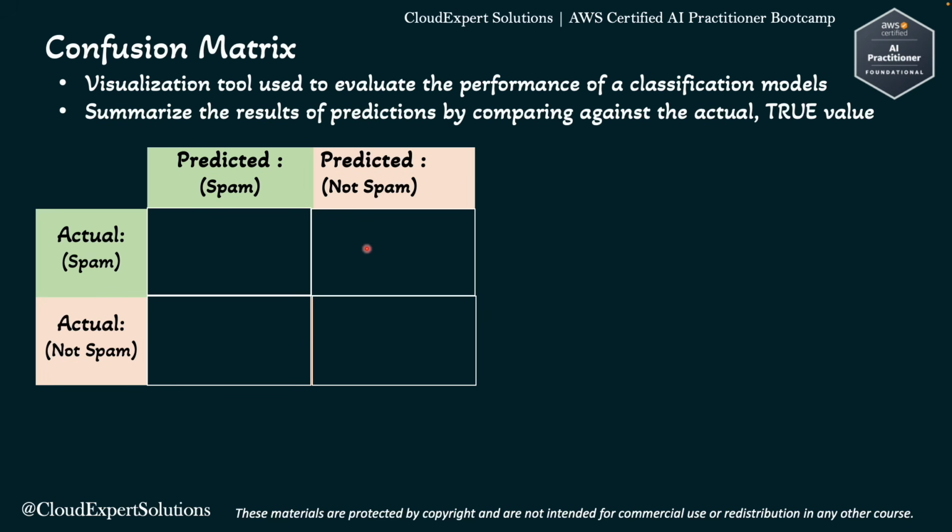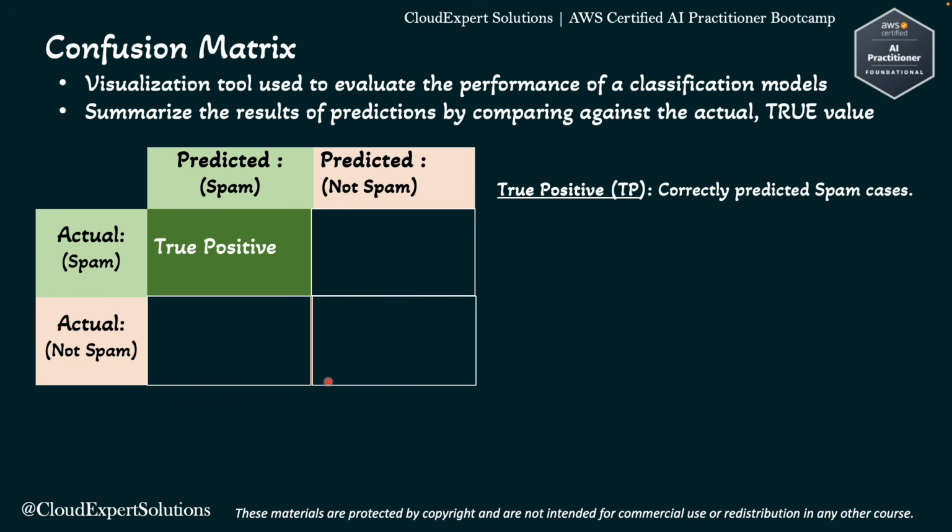The actual values are represented in rows and the predicted values by the algorithm are represented as columns. If we take an example where our machine learning algorithm is trying to detect whether an email is spam or not, then for a 2 by 2 confusion matrix, there could be 4 possible values.